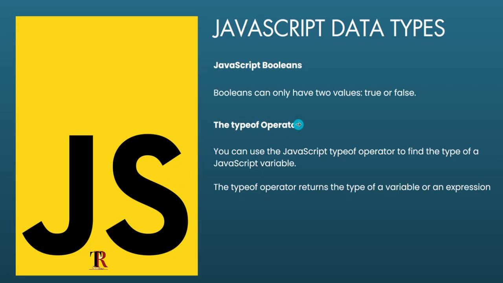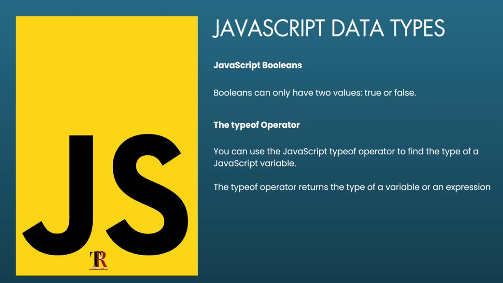Moving on, let's talk about the typeof operator. You can use the JavaScript typeof operator to find the type of a variable. The typeof operator returns the type of a variable or an expression. So the typeof operator can help you check the type that a variable or an expression belongs to.